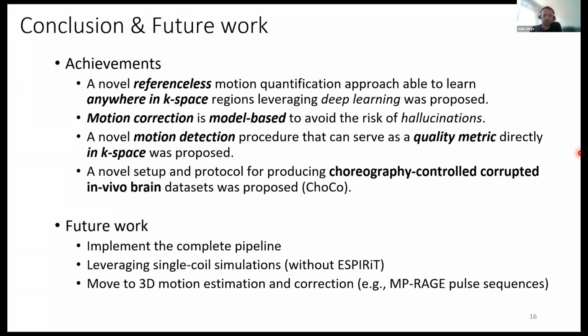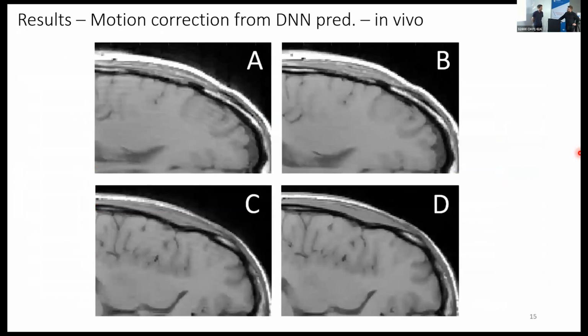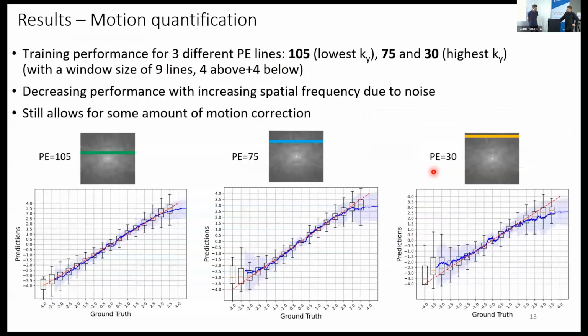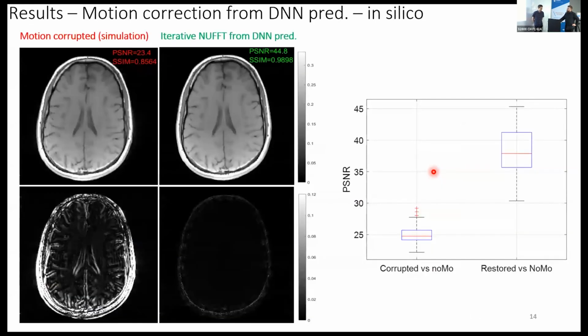I was wondering how your networks might react to seeing Gibbs ringing artifacts that aren't due to motion, if you've looked into that. Well, I actually see them all the time, these Gibbs ringing artifacts. They are there, so the network sees them, but they are not taken into account.